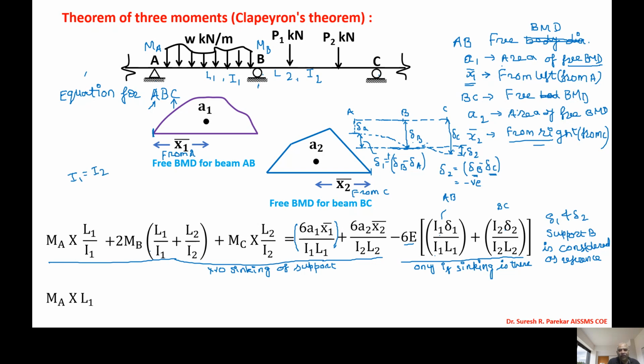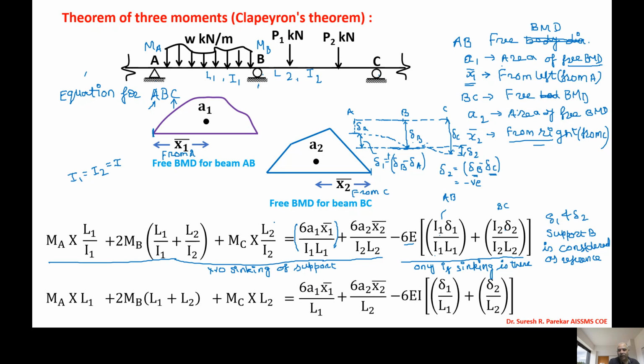In this case, I will mention I from all, and then I will cancel it from all, and we will get MA L1 plus 2 MB (L1 plus L2) plus MC L2 equals 6 a1 x1 bar upon L1 plus 6 a2 x2 bar upon L2 minus 6EI (delta 1 upon L1 plus delta 2 upon L2). So this we are going to use if the cross section is same.